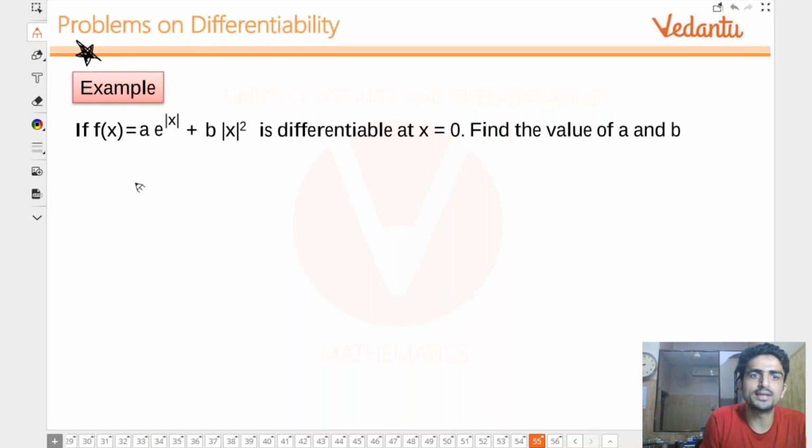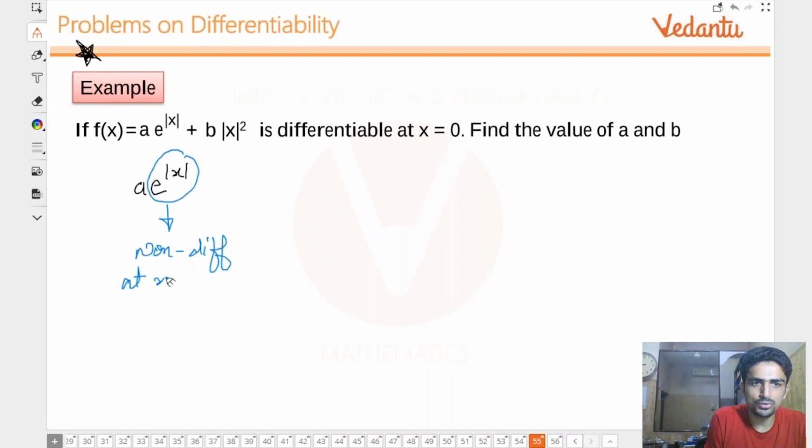Guys, try to see one thing. This is non-differentiable at x equal to 0 because of mod x. And if you remember the graph, this is e power x.